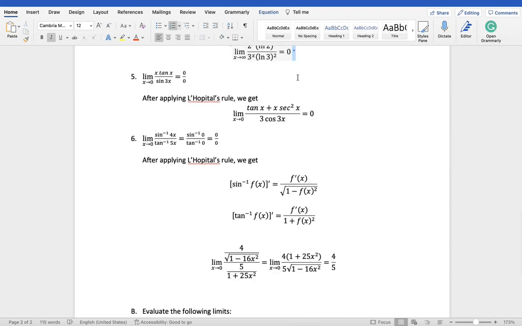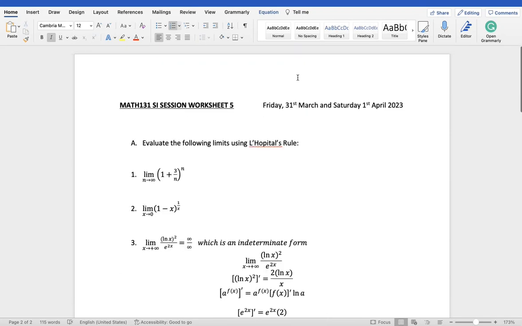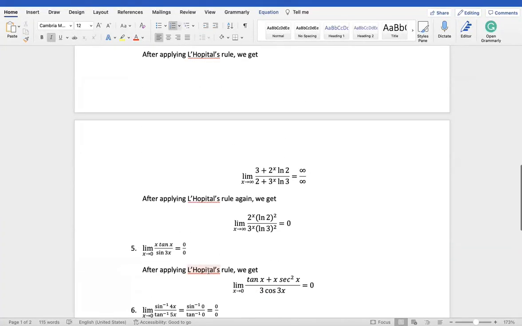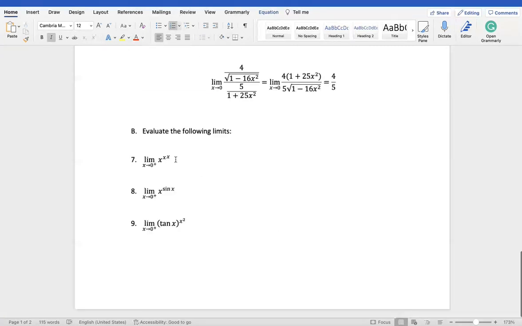I want you guys to attempt question 1 and 2, based on everything that we did here for questions 3, 4, 5, and 6, and based on what we'll be doing for the first question here, 7, because basically you have to apply the same sort of logic. So for these types of questions, we are asked to evaluate the limits. As you can see, what happens when you substitute the value of x in this? What do you get?